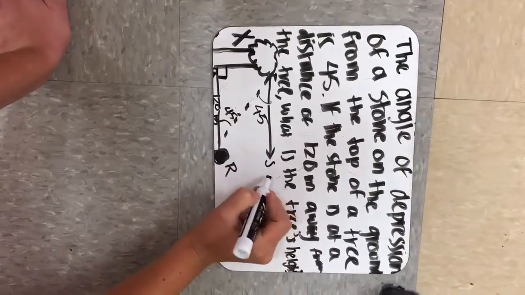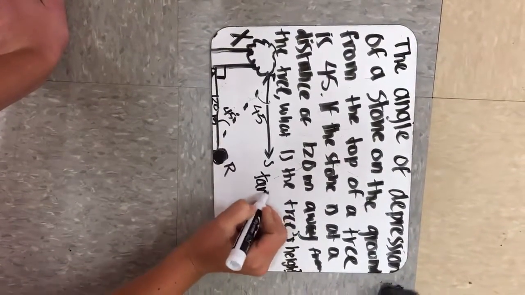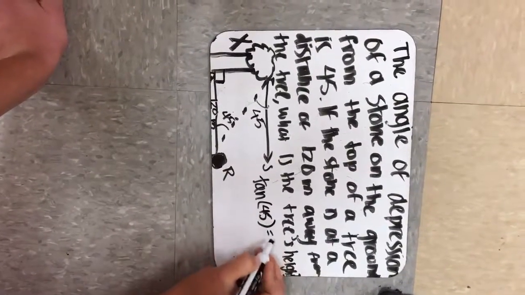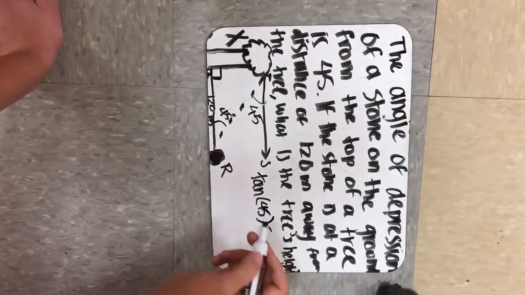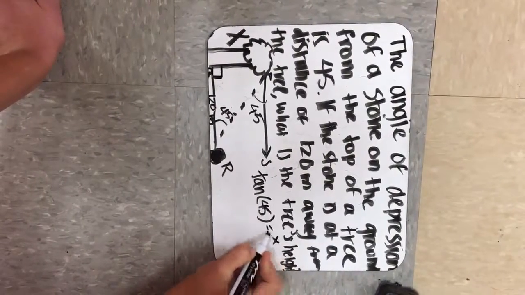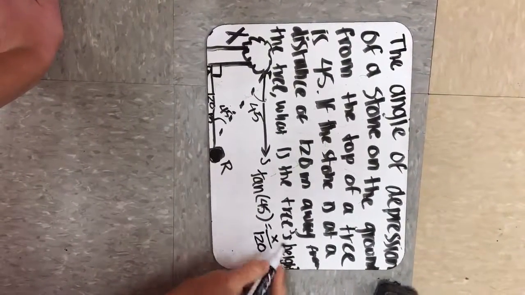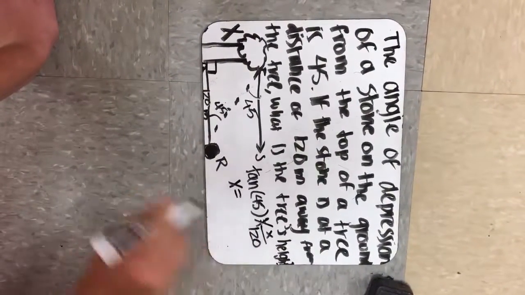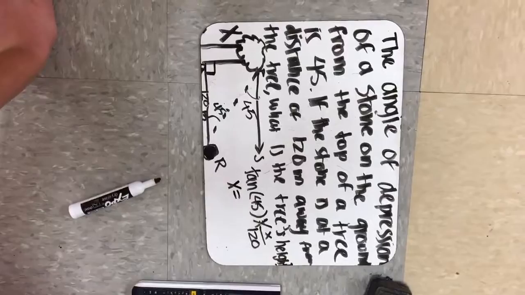So we're going to set it up as tangent of 45 equals opposite over adjacent. So it's going to be x over 120. So now you just cross multiply, and x is going to equal something after we put it in the calculator.